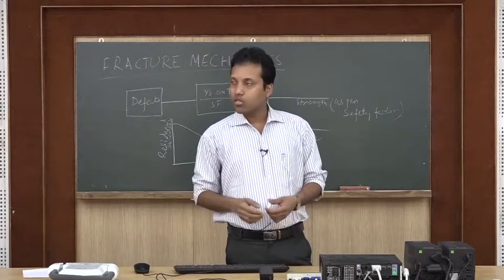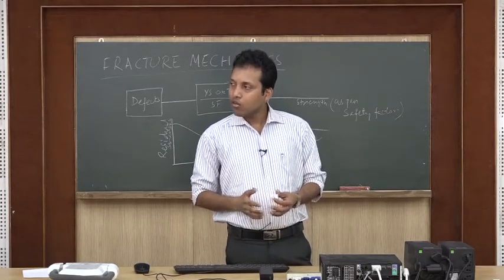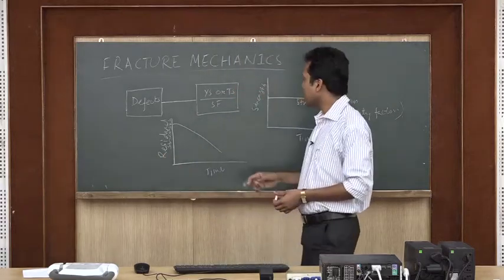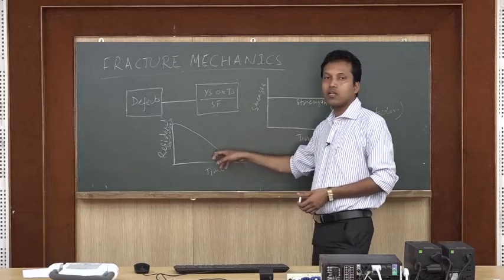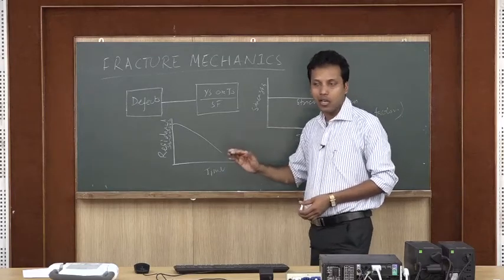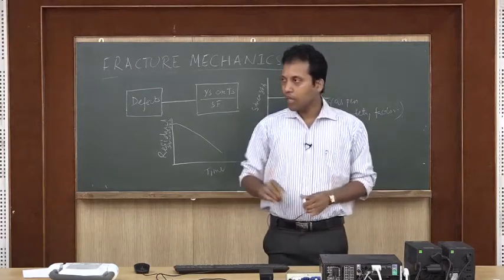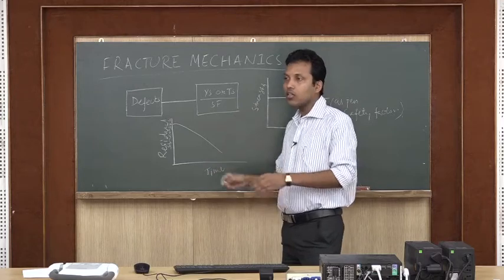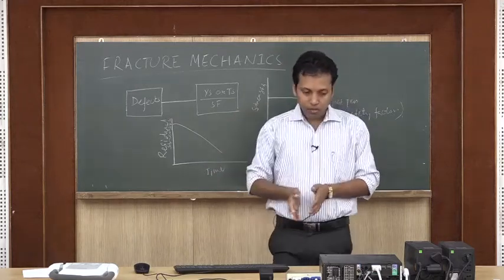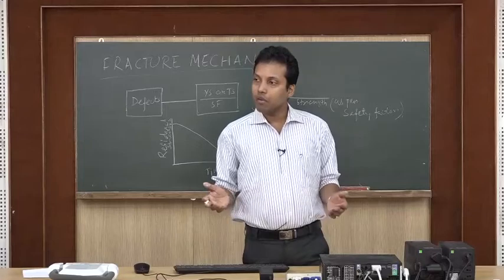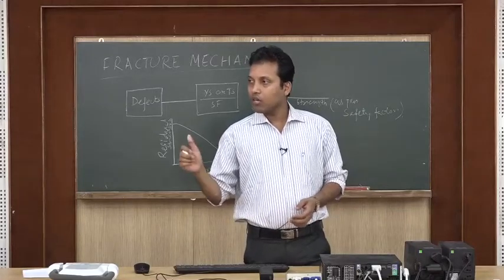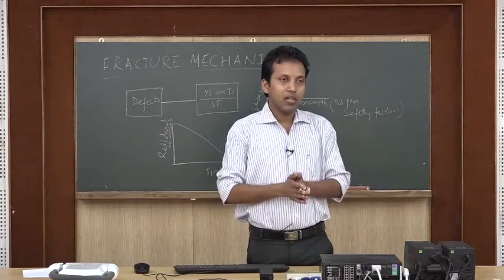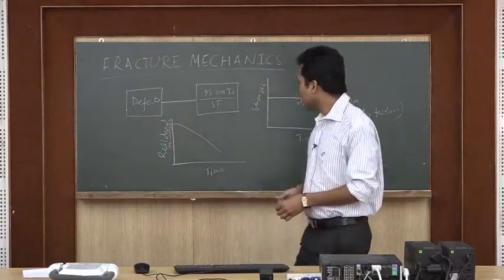Due to that, the crack will always go on increasing in size, and if the crack size increases, the material's strength level will be reducing, and as the strength reduces while the crack length increases, in this combination there will be a certain time when the material will fail. If at that particular load the material does not fail, then again the crack length will go on increasing and the material will fail.